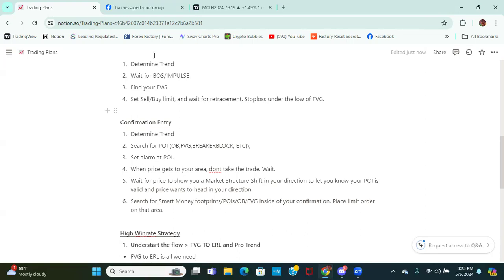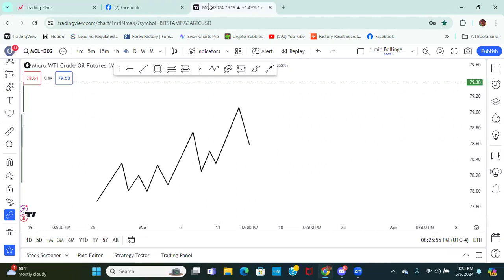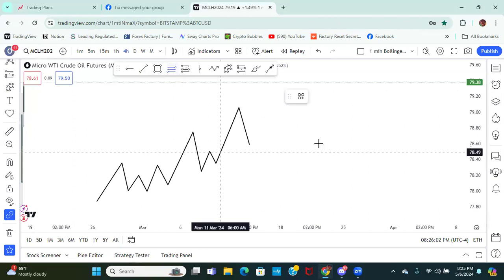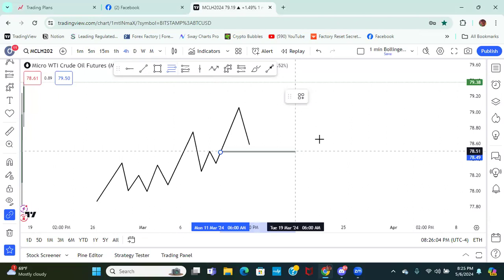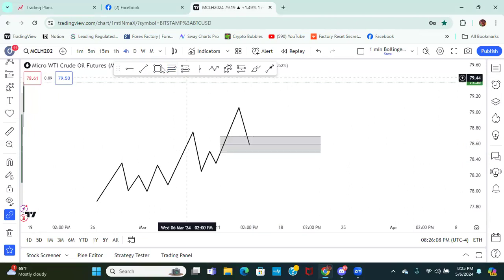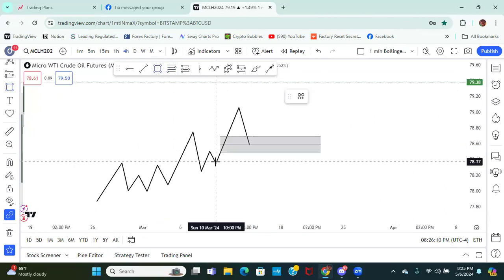But for this example, we are going to go with a fair value gap, and we're even going to draw an order block just for the sake of representation, just to get you used to seeing it.